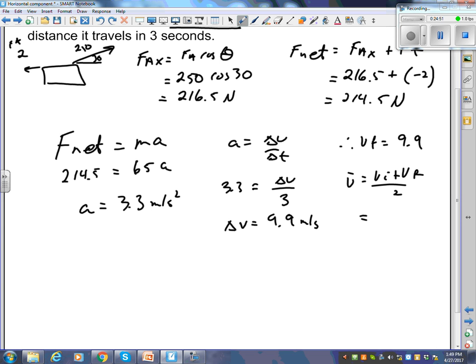Why? Because down here I'm going to write V bar equals D over T. And this is not V bar, this is VF. That's the final, right? The guy starts pulling at 0. When he's done, he's pulling at 9.9. But what's the average?